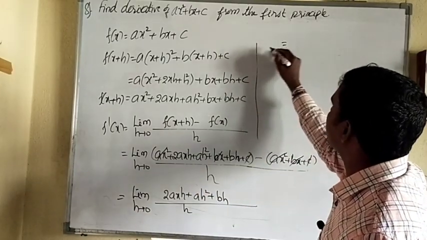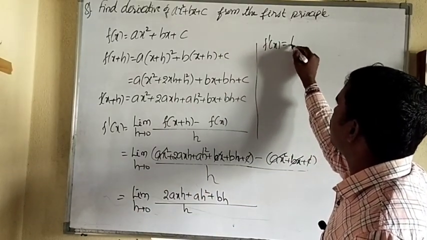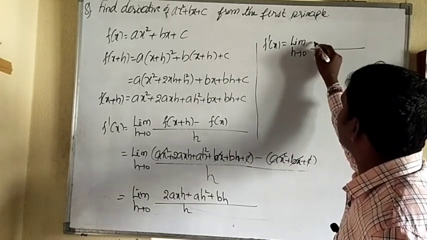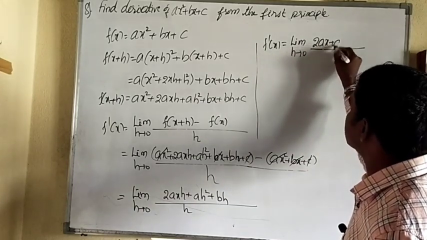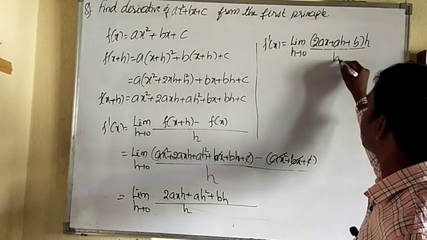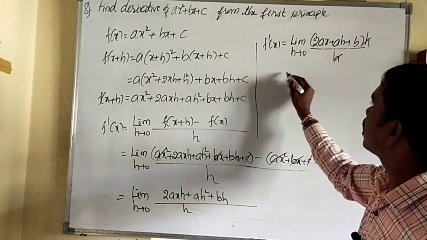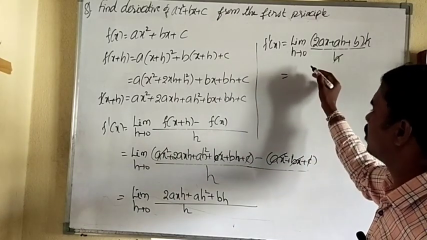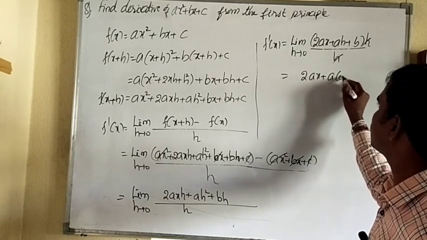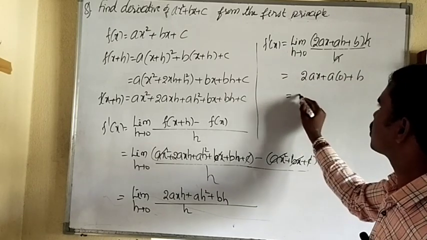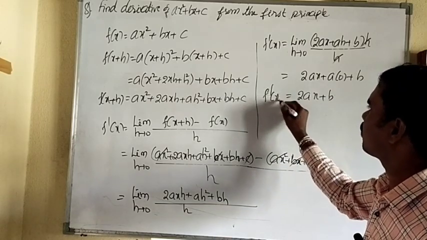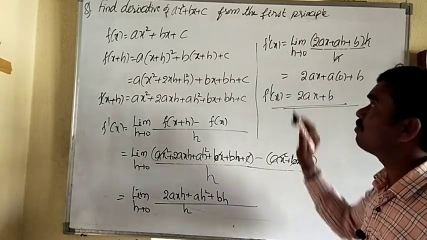So f dash of x is equal to limit h tends to 0, 2ax plus ah plus b into h by h, cancel. Now substitute h value 0. So it becomes 2ax plus a into 0 plus b, which is equal to 2ax plus b. So this is f dash of x. This is the answer of the given question.